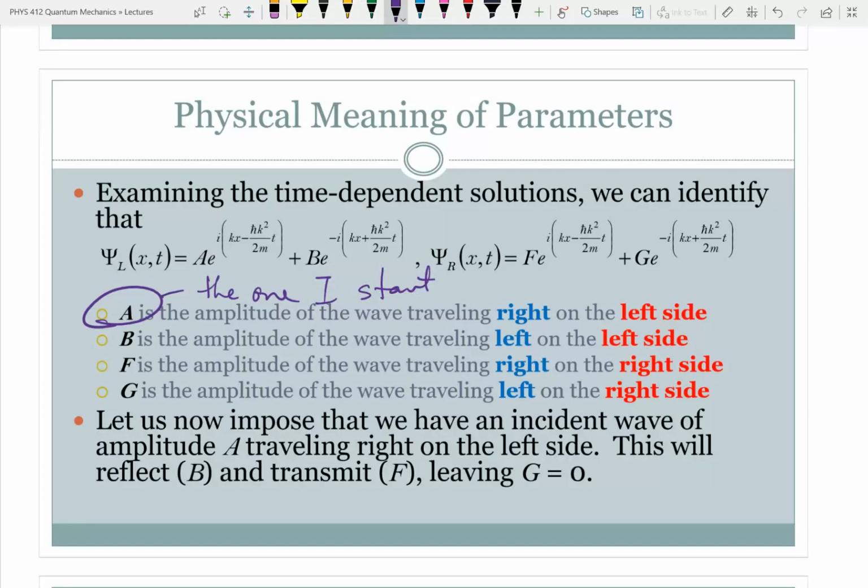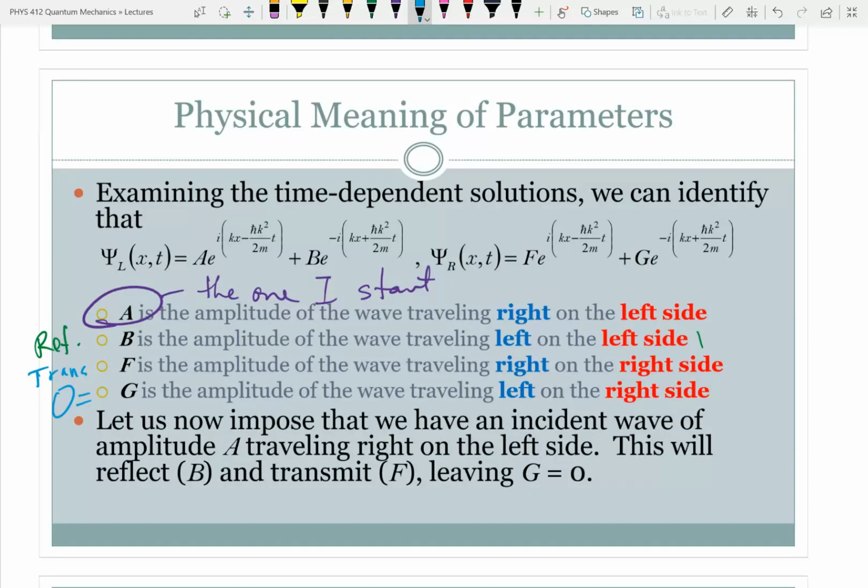And then B is the reflection. And F, traveling to the right on the right-hand side, is the transmission. And G, 0. G, 0, because I'm not going to have a wave coming in from that side.